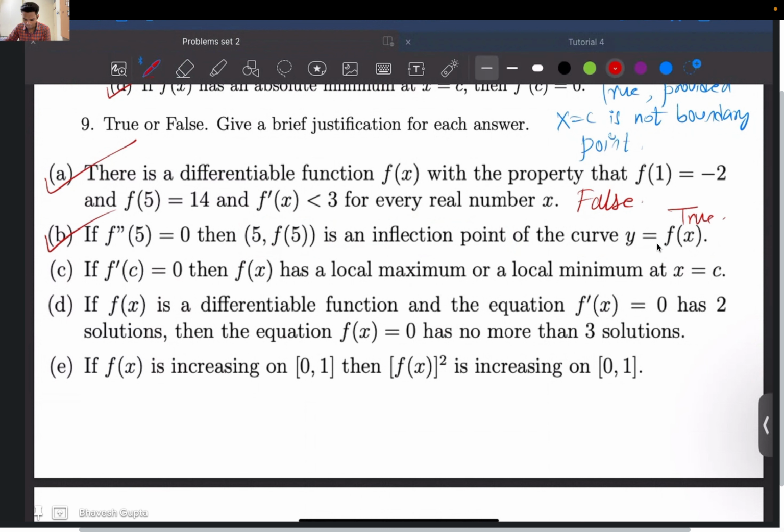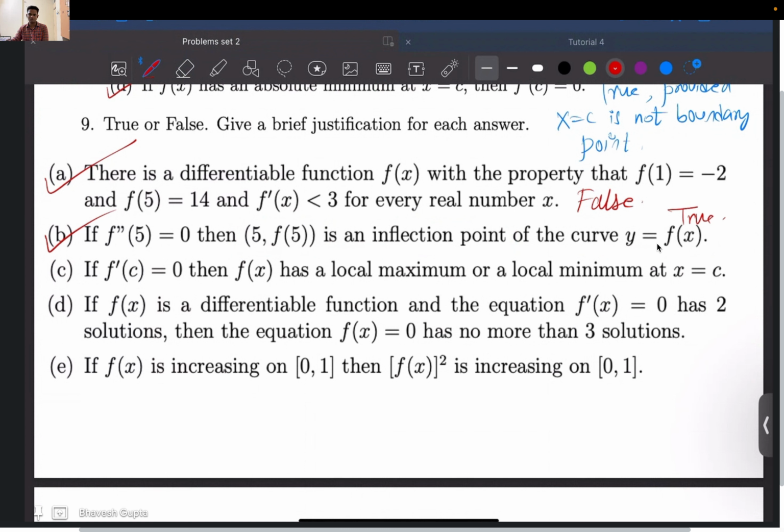Then we have a third statement which tells you that the first derivative is 0 and f of x has a local maxima or a local minima at x equal to c. See, if a first derivative at a given point, they have not talked about the neighboring point. What if the neighboring point also has the derivative 0? What happens? Then is it a local maxima or minimum?